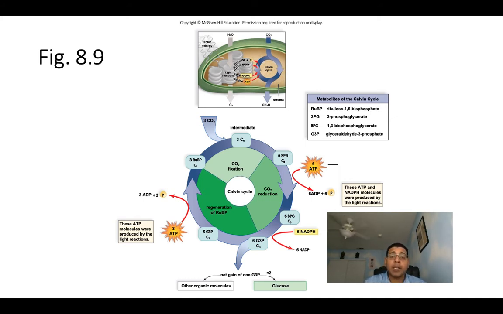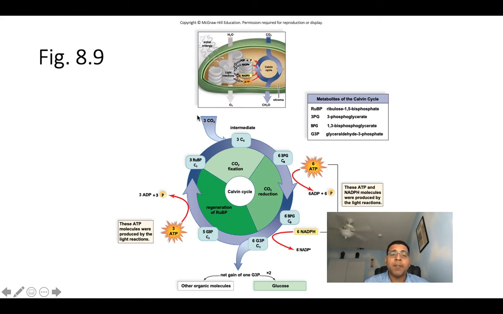The Calvin cycle includes, number 1, carbon dioxide fixation; number 2, carbon dioxide reduction; and number 3, the regeneration of RuBP, ribulose 1,5-bisphosphate, which is the starting material of the cycle.